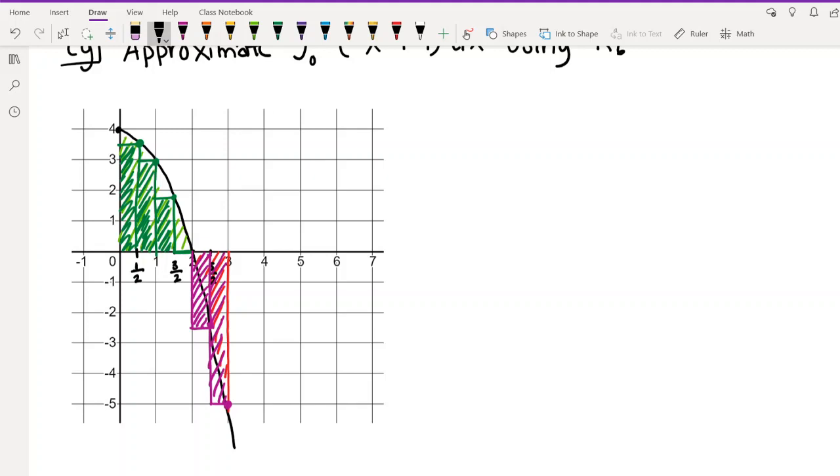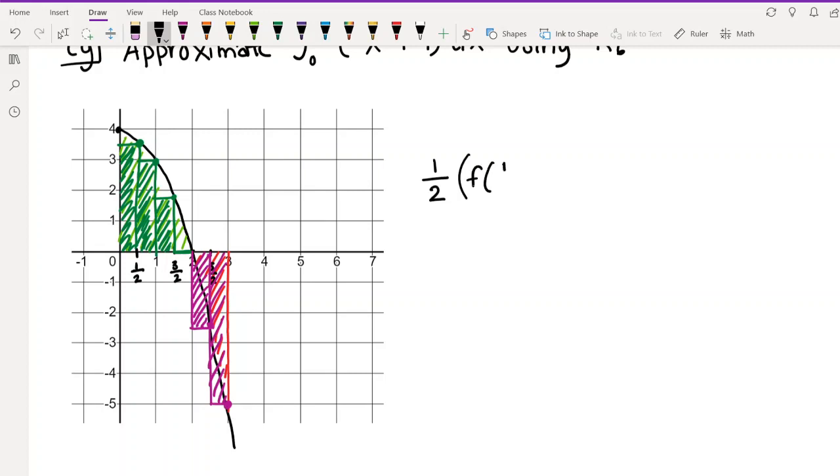So I mentioned this in yesterday's video. Rather than saying base times height over and over, we can factor out the base because it's the same for all of them, right? All of them have a base of 1/2. So rather than do 1/2 times this plus 1/2 times that plus 1/2 times that, we can factor out the 1/2, and then all we have to do is add up the different heights. And so where are those heights going to come from?